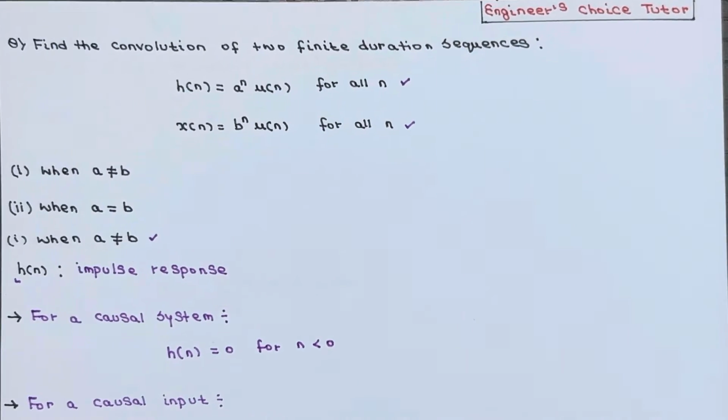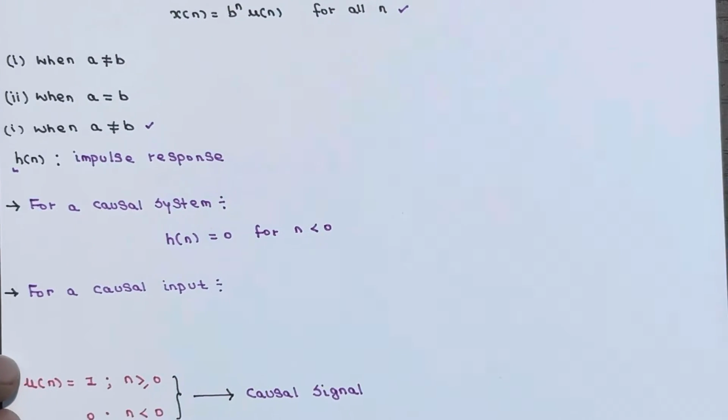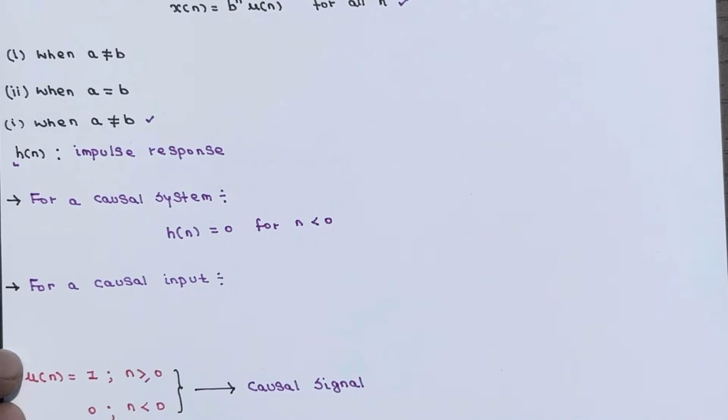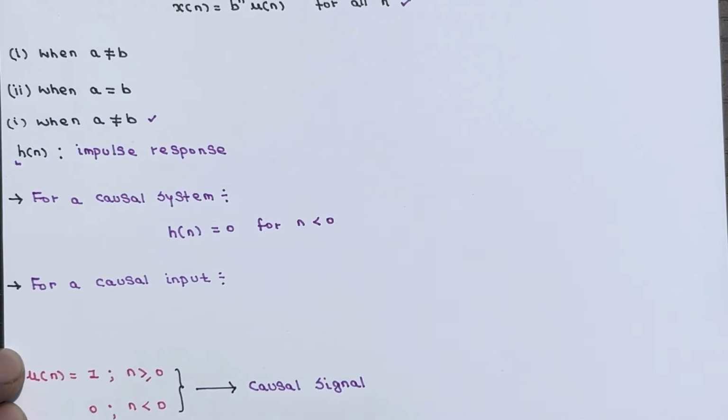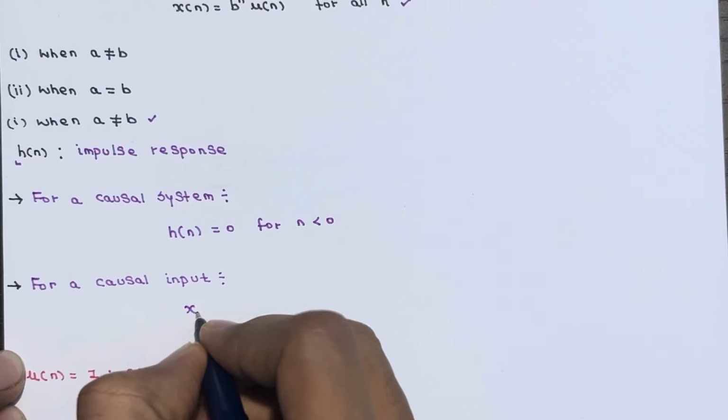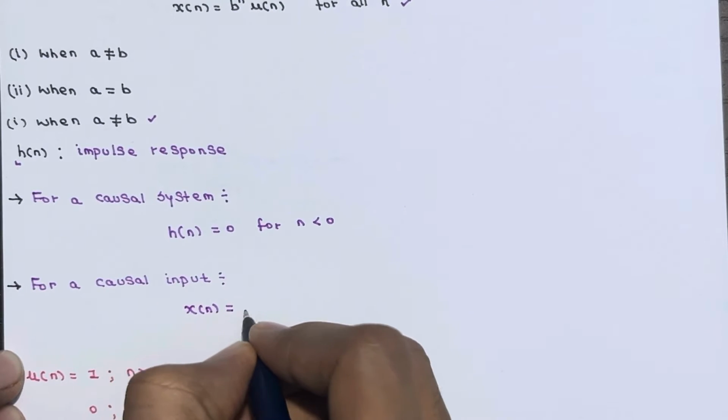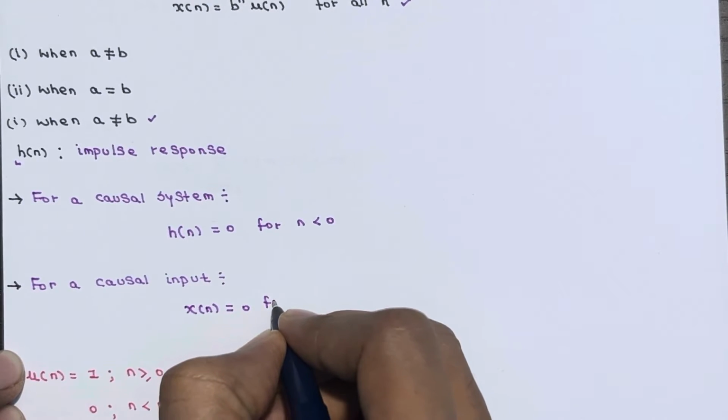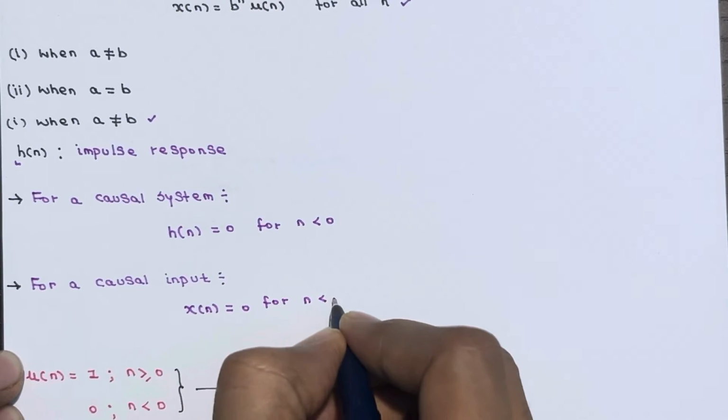And for a causal input, x of n should be equal to 0 for n smaller than 0.